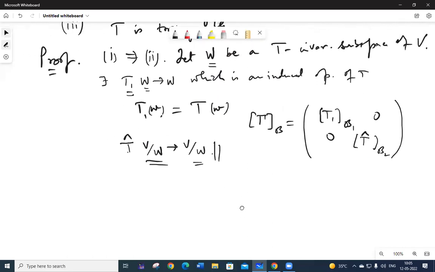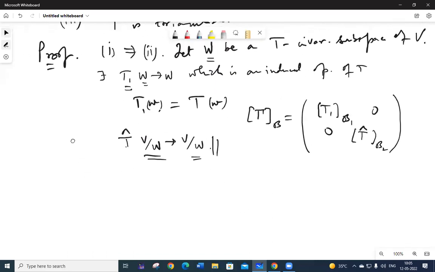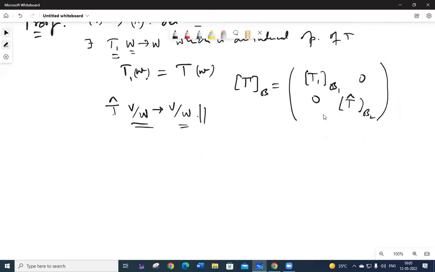Now this immediately provides me that C_T1(x) divides C_T(x).